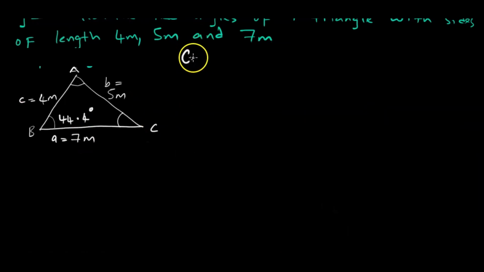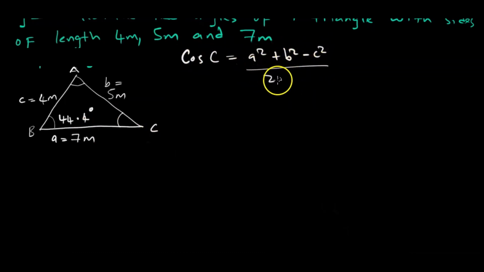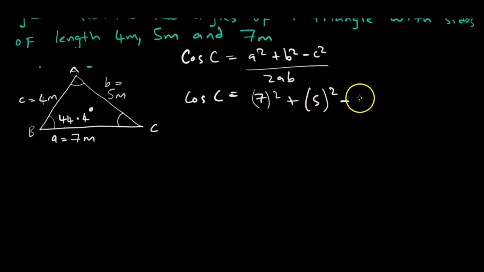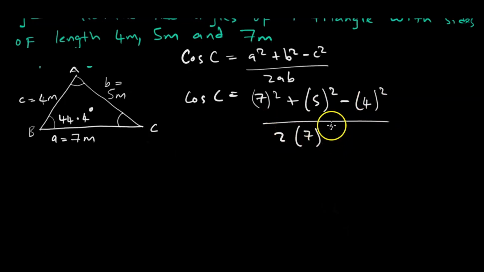So finding c is not difficult. We say cos c is equal to a squared plus b squared minus c squared over 2ab, which is cos of c is equal to a which is 7. So 7 squared plus b which is 5, 5 squared minus c which is 4, 4 squared, over 2 multiplying a, 7, and b which is 5.